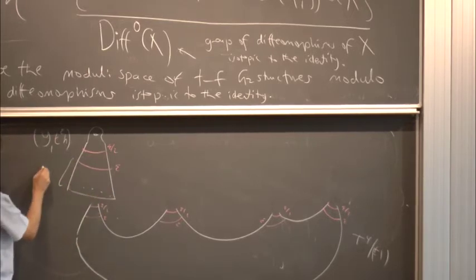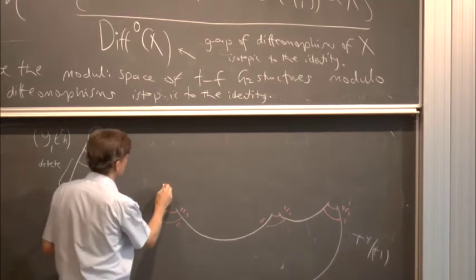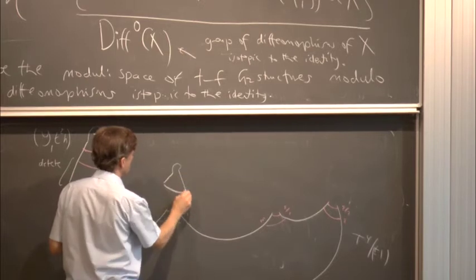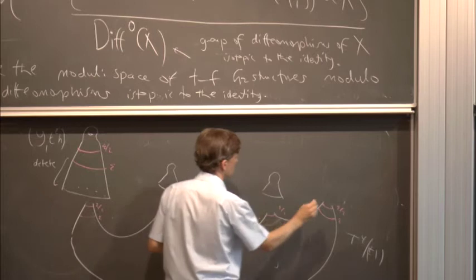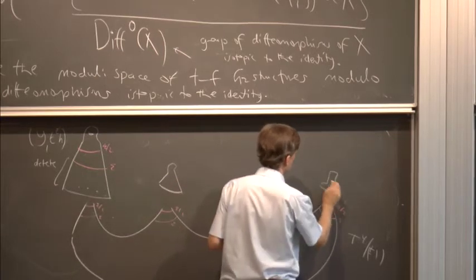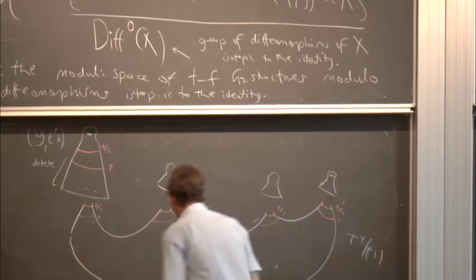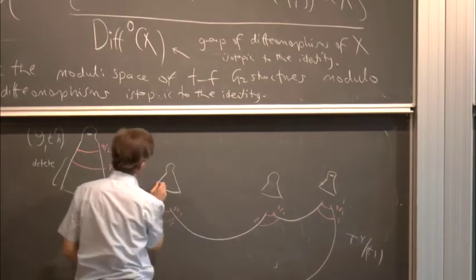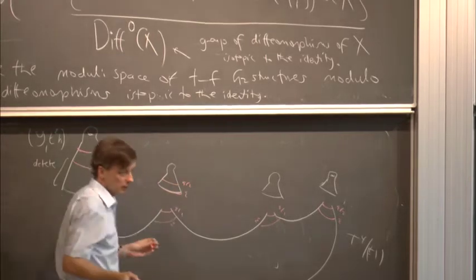And again I delete everything outside radius epsilon. Terrible picture. So I've got a whole bunch of copies of y and epsilon h.